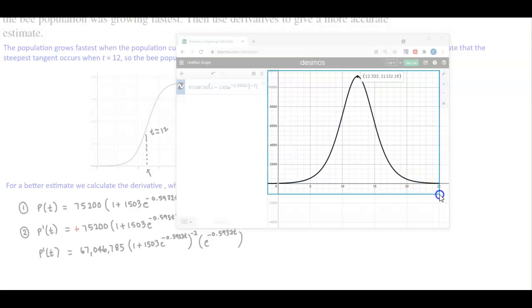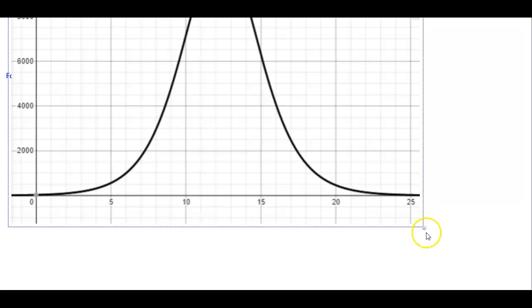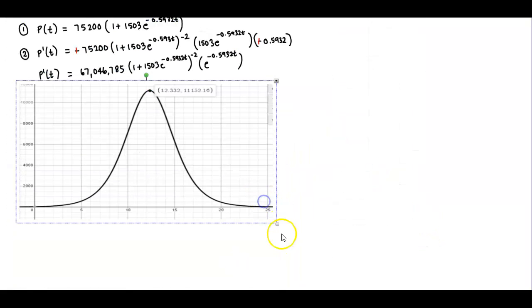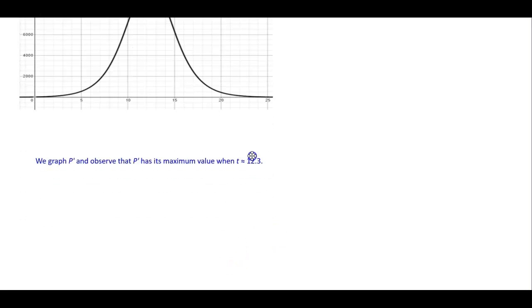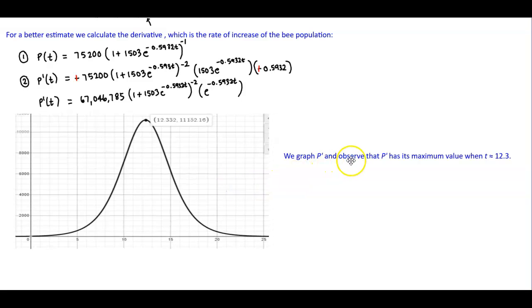So here is what the derivative looks like. When we graph the derivative, we observe that the first derivative has a maximum at around 12.3. So this tells us the maximum is at 12.3.